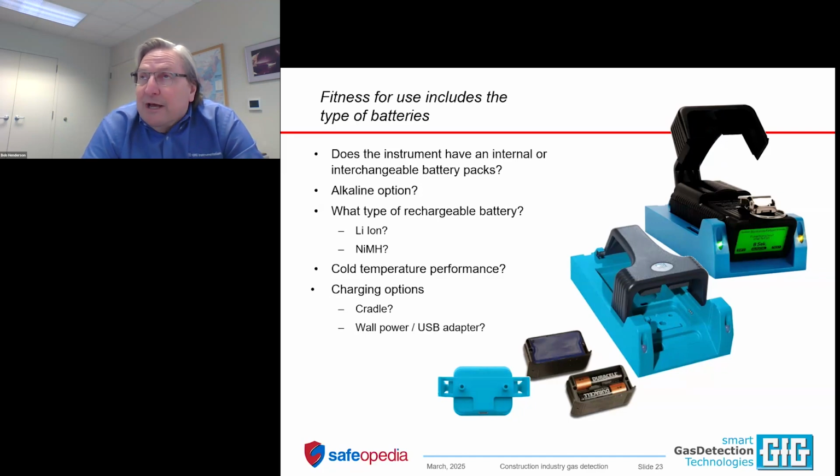The alkaline battery is still a nice approach. Disposable batteries ensure that you're never going to get stuck with no power. All you need to do is wander over to the nearest convenience store, get some replacement batteries, and keep on going. For rechargeable batteries, one option is lithium ion.